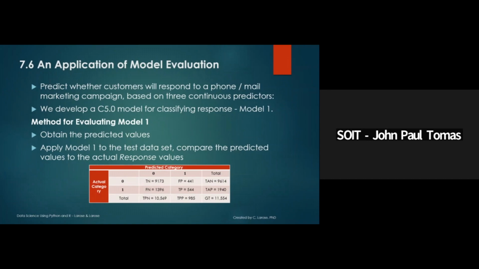Then we will be developing a C5.0 model for classifying responses. Take note that we will be creating several models, and then doing a comparative analysis of the results of each of those models. We will be gearing towards the C5.0 model, which is a type of decision tree, later on.